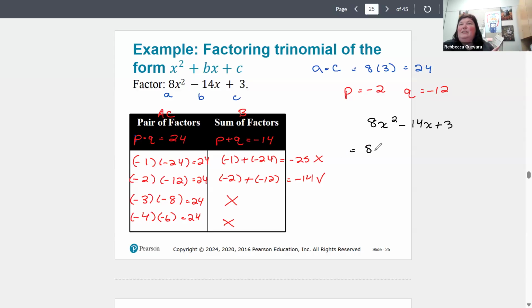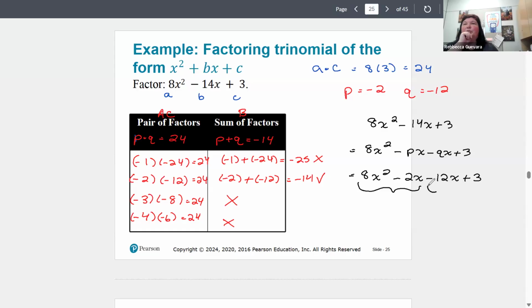But what happens is that I'm going to take the middle term here, and it's going to be broken down into that P and that Q. So in our case, it's going to be 8x squared minus 2x minus 12x plus 3. Because -2 and -12 put together give us -14. So it's going to break up that middle term.